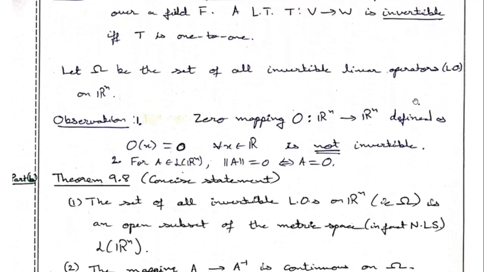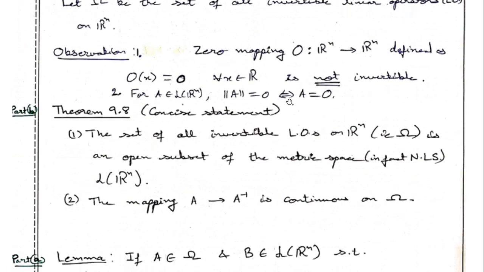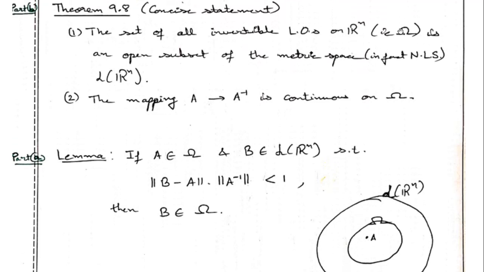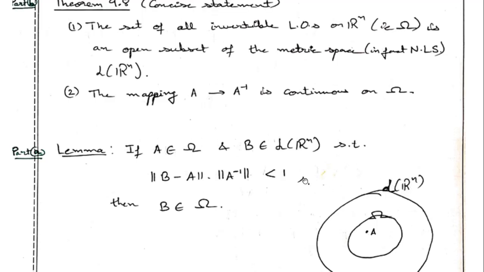So we know that this is the set of all linear operators, which is a vector space, and the norm is defined. The norm of a linear transformation A from Rn to Rn is defined as the supremum of all norm Ax, such that x is from the closed unit sphere, and therefore we get the value as norm of A. Now in this we have to consider the open set, and then in the second part we consider a mapping from omega to omega as a continuous mapping on this open set.